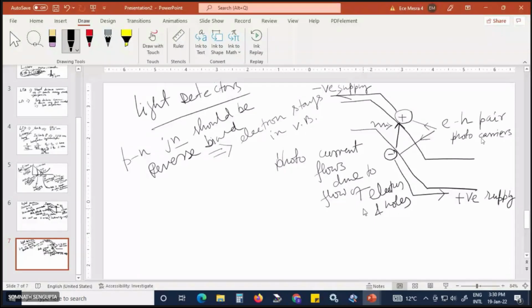Now, one photon will generate one electron hole pair. That is the principle of light detection. But in this case, simple silicon or germanium can be used as material.